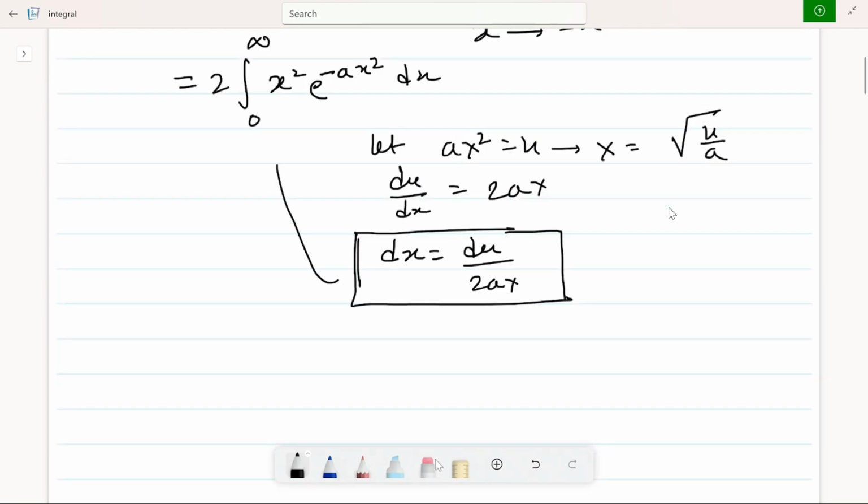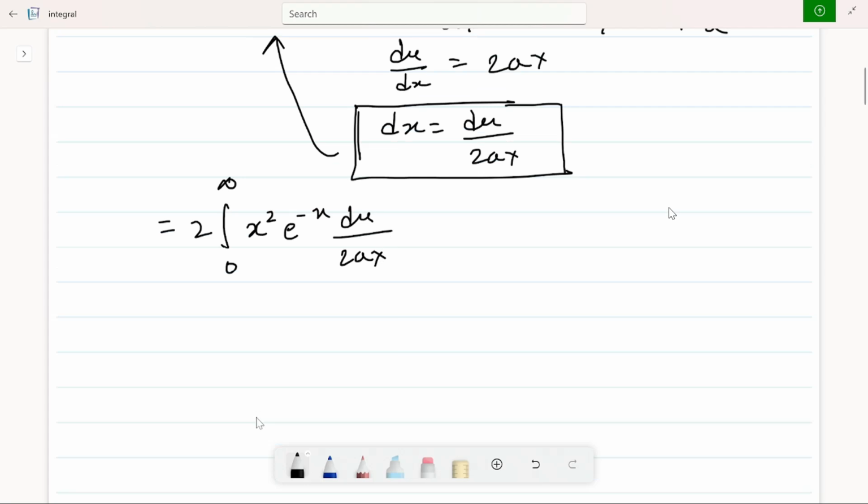Now putting this back in our integral, we end up with 2 times the integral from 0 to infinity of x square e to the power minus u du upon 2ax, right? So notice that 2 gets cancelled and x gets cancelled out, and we end up with the integral from 0 to infinity of x times e to the power minus u du upon a.